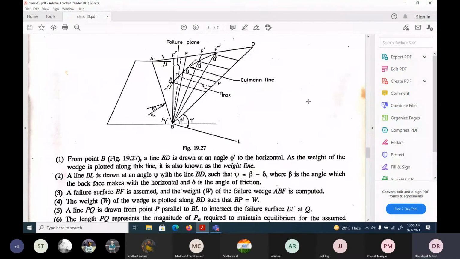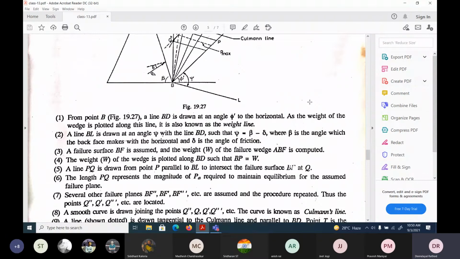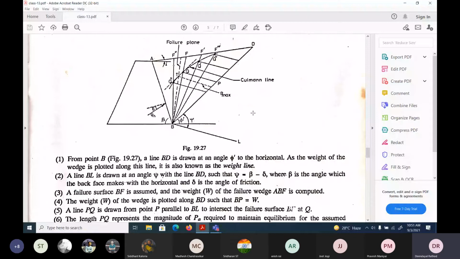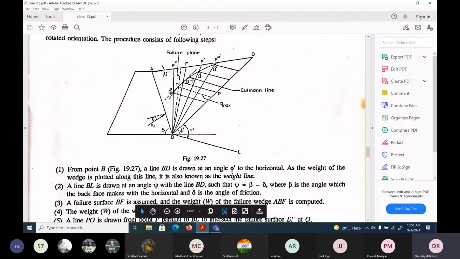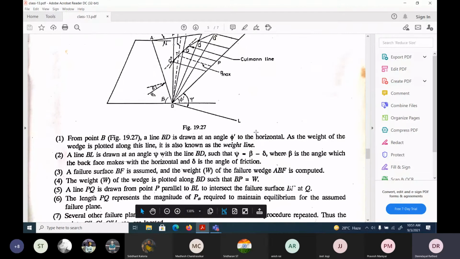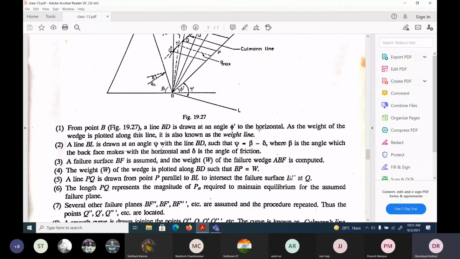Just try to understand, it's a very simple thing. The length PQ represents the magnitude of PA required to maintain equilibrium for the assumed failure plane.